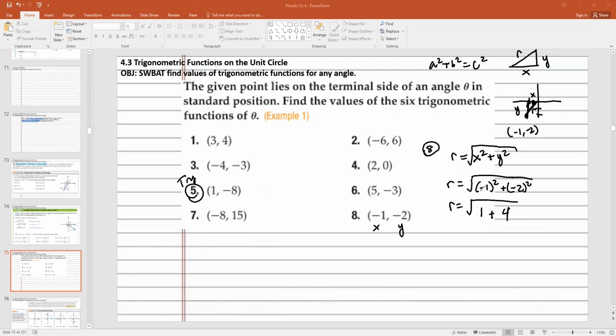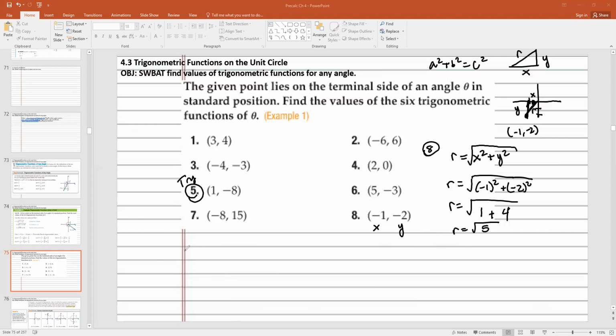Remember, whenever you square a negative number, it becomes positive, because a negative times a negative is a positive every single time. You never get a negative after squaring, unless it's outside the parentheses. So our r is the square root of 5. Yours is going to have a fraction and a radical as well, so don't worry.